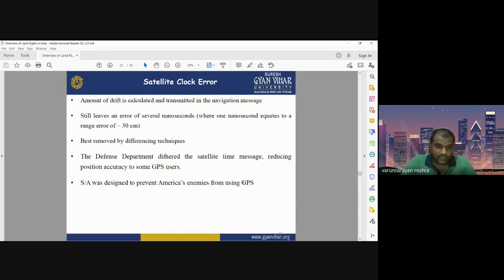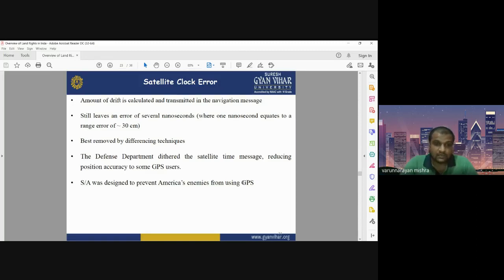Selective availability means the precise GPS signals are only available to specific users for military purposes and intelligence agencies. Otherwise the normal public, the normal users of the GPS signal, are not able to receive that much precise information.